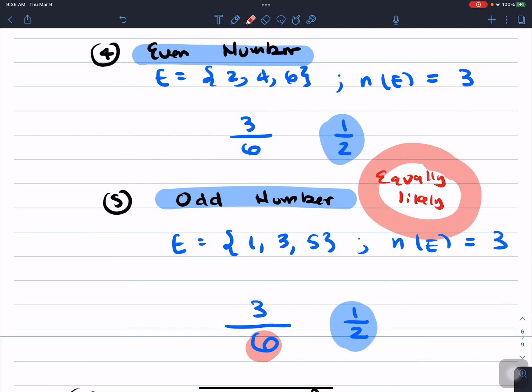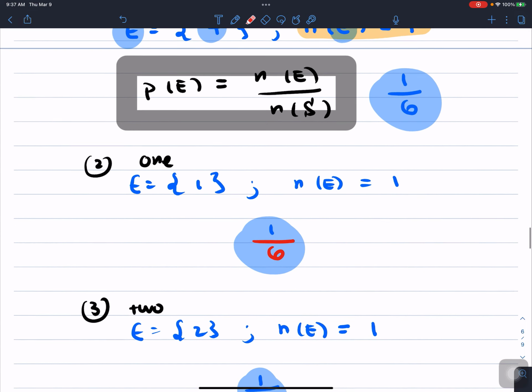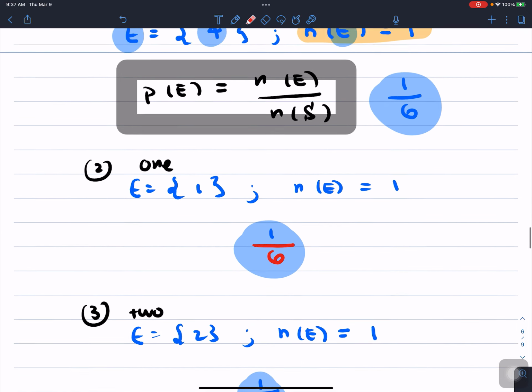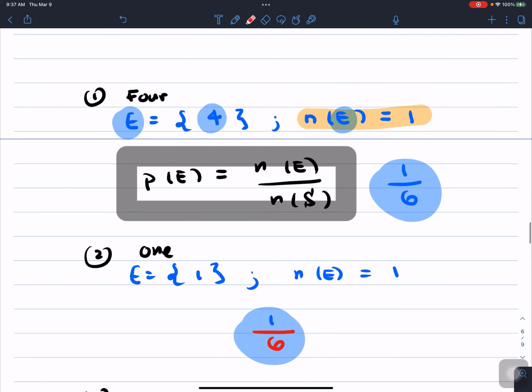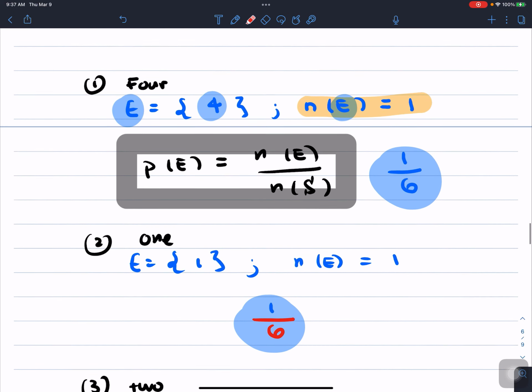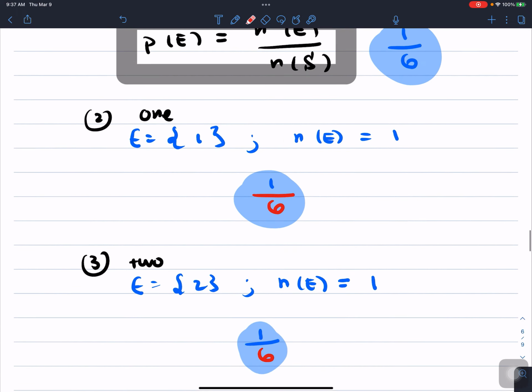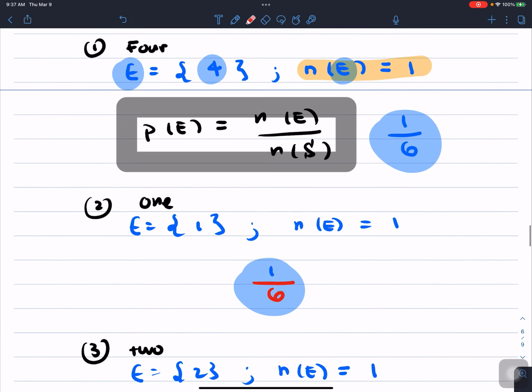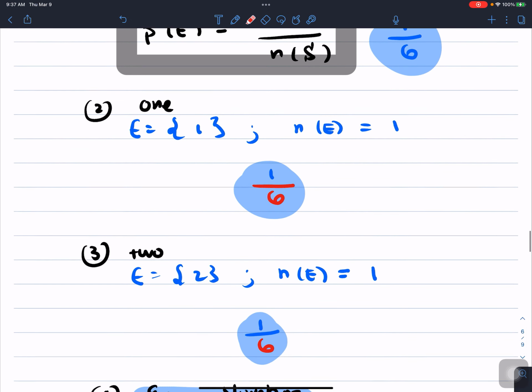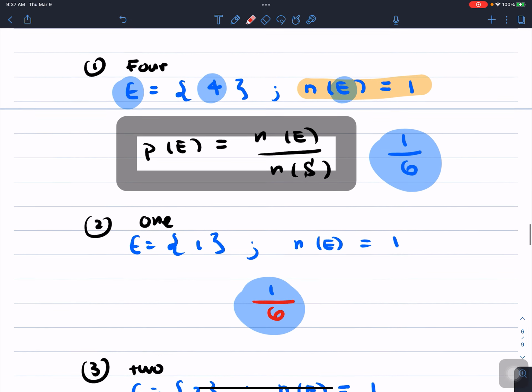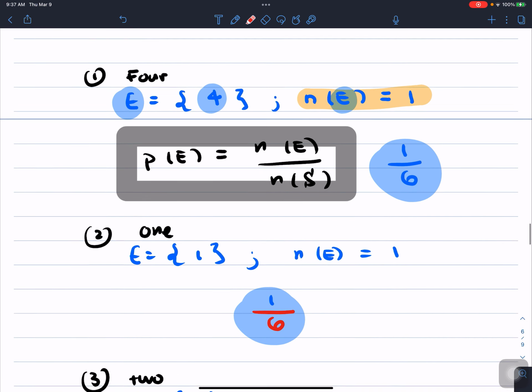Okay. Were there any other events when we were rolling a die that are equally likely? I'll give you a big hint. Which one of these events are equally likely? Rolling a 1 is 1/6, and another 1/6, and another 1/6.